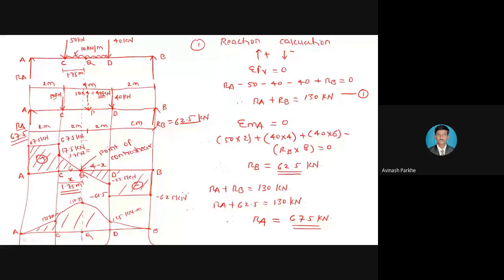This is positive. So you can see 150.31 is the maximum bending moment point. So this represents maximum BM. It is the point at which the shear force is 0, but bending moment is maximum.